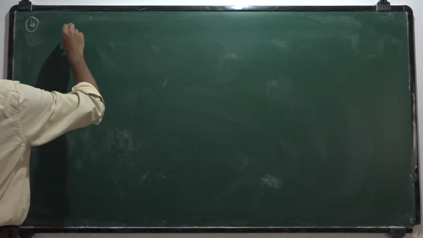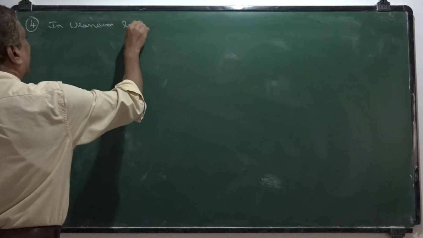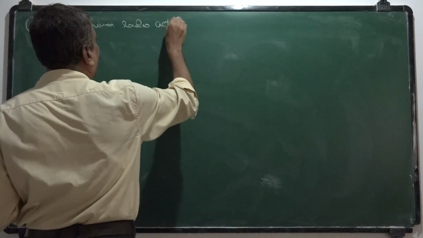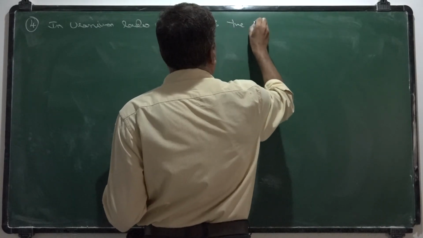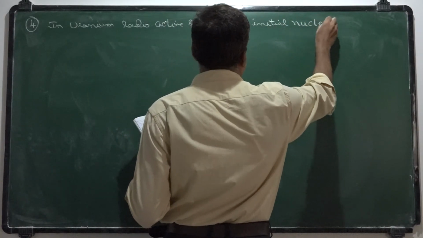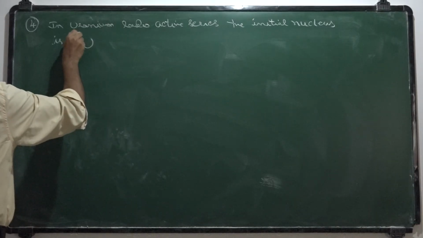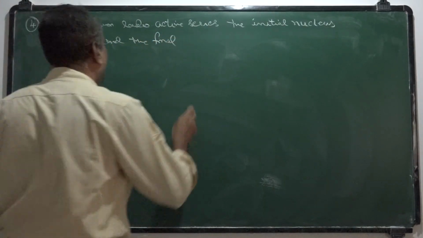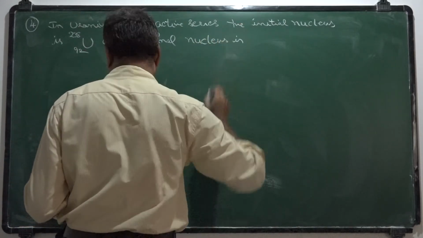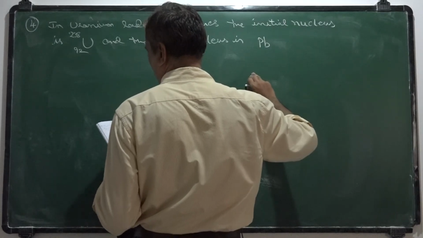Now the fourth one. In the uranium radioactive series, the initial nucleus is uranium 238-92 and the final nucleus is Pb 206-82.